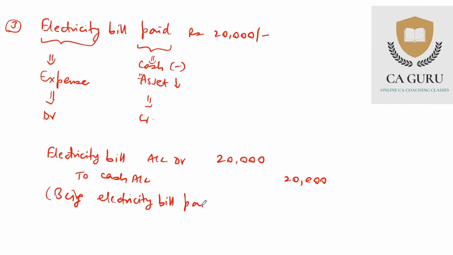Bill paid. Now let us talk about when you have purchase of goods by the business. Whenever the business deals with goods, on day-to-day basis, it will transact in purchase and sale of goods.